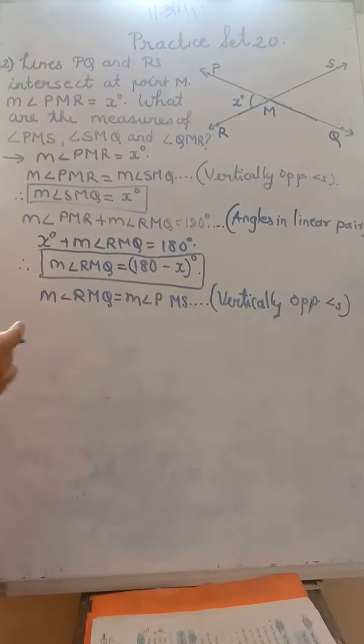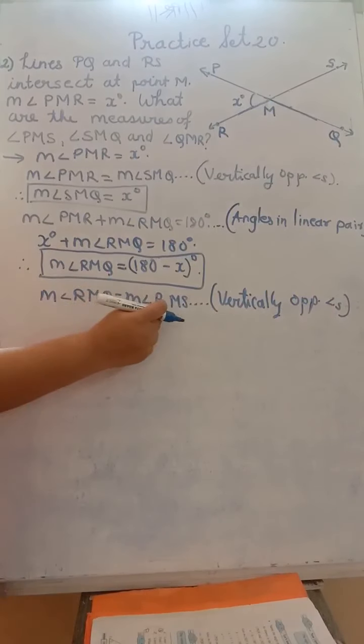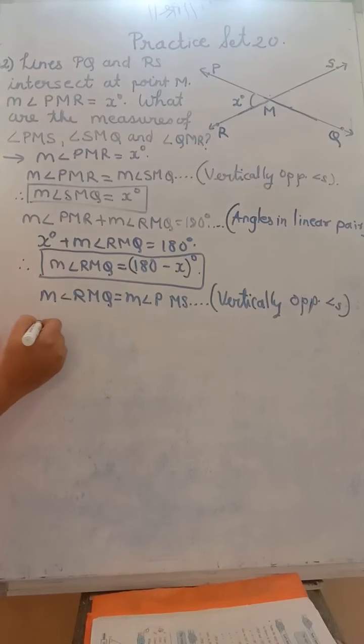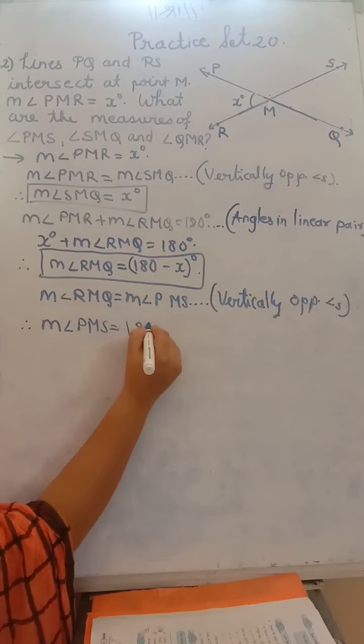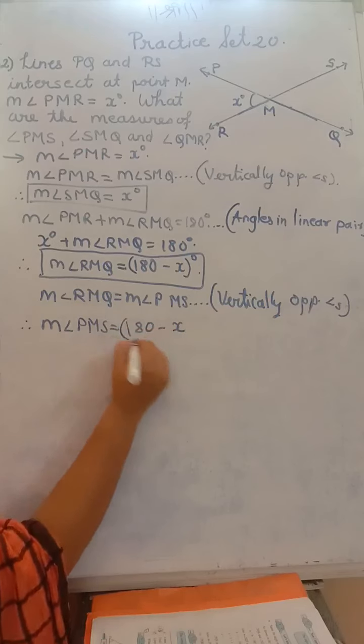Use short full form. Huh? So, if this is 180 minus x degree, what will be this measure? Yes, 180 minus x degree. Therefore, measure angle PMS is equals to 180 minus x degree.